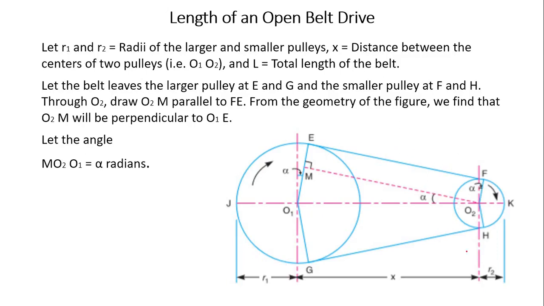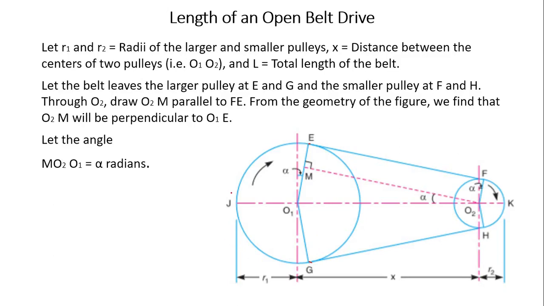In this diagram we can see the belt leaves the larger pulley at E and G, because there is no contact with the belt between E to G, and the covered portion of the belt is G to E, not E to G.